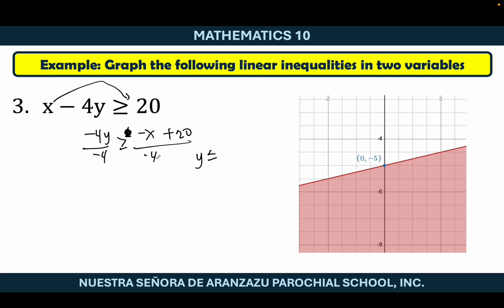So, negative x over negative 4. So, parehong negative, that will become positive. So, that becomes 1 over 4x. Bakit naging 1 over 4x? Kasi di ba yung negative x, meron yung coefficient na 1. Okay? Then, dinivide mo kay negative 4. So, tinanggal lang natin yung negative.